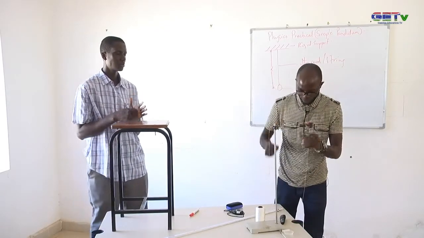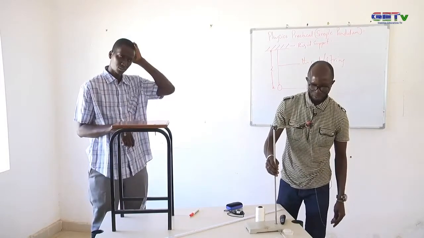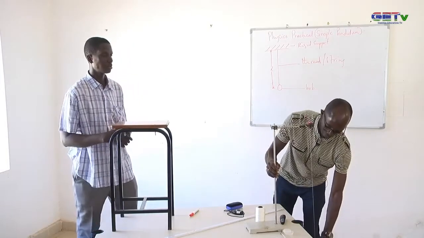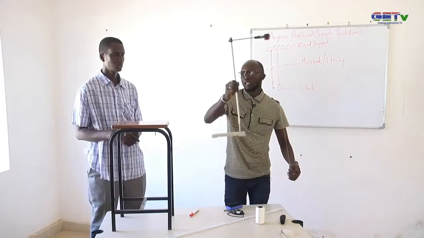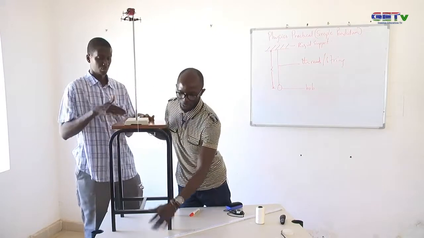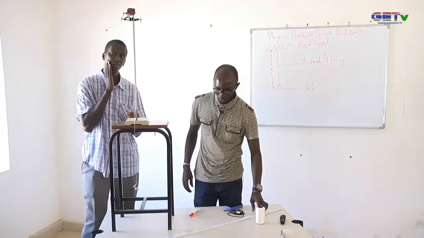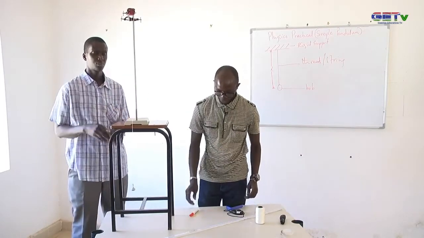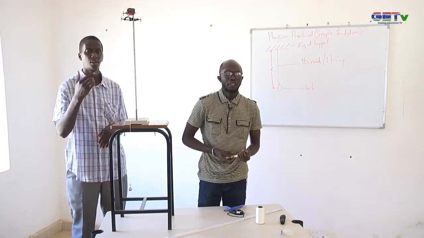This is done to avoid any shaking during oscillation. Sorry, the camera would not be able to pick this, so that is why I have decided to improvise this tool. Now, this table here would serve as my ground so that you are able to see what we are doing. So that is our L, which is 90 centimeters.